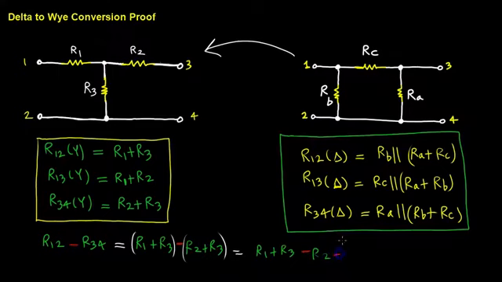Of course you see that the R3's cancel, but for completeness' sake we're going to go through all of these. So that's going to give me R1 minus R2.